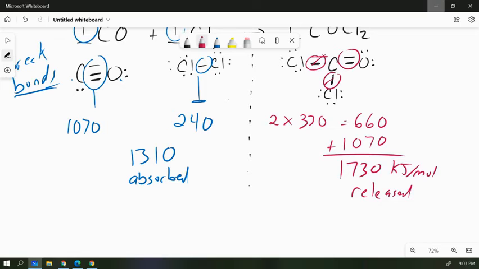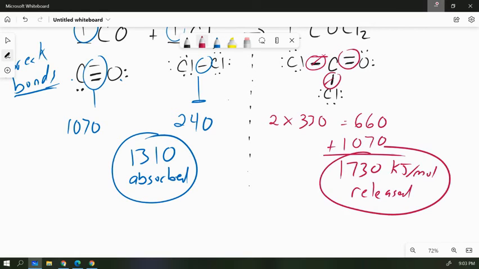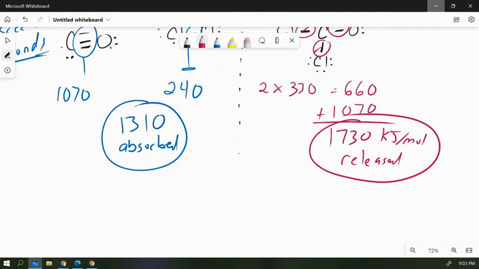Right, so the next question is, after we break all the bonds over here, oops, that was supposed to be blue. That's important. After we break all the bonds here, and then we form all the bonds here, is more energy absorbed or released in this reaction? And we can see overall, more energy is released.